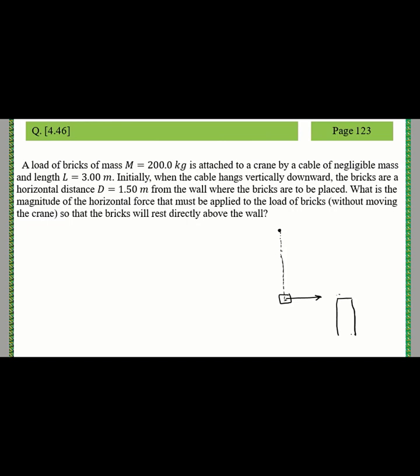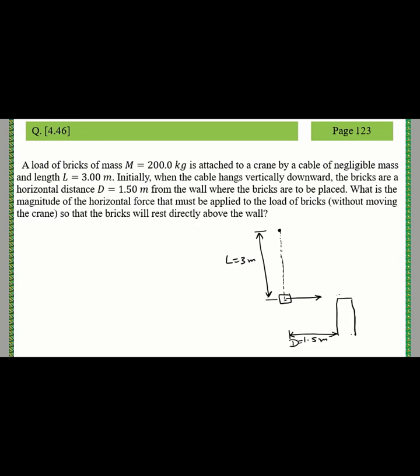The distance from the object to the wall is 1.5 meter, and the symbol is D, capital. The length of the string L is 3 meter.